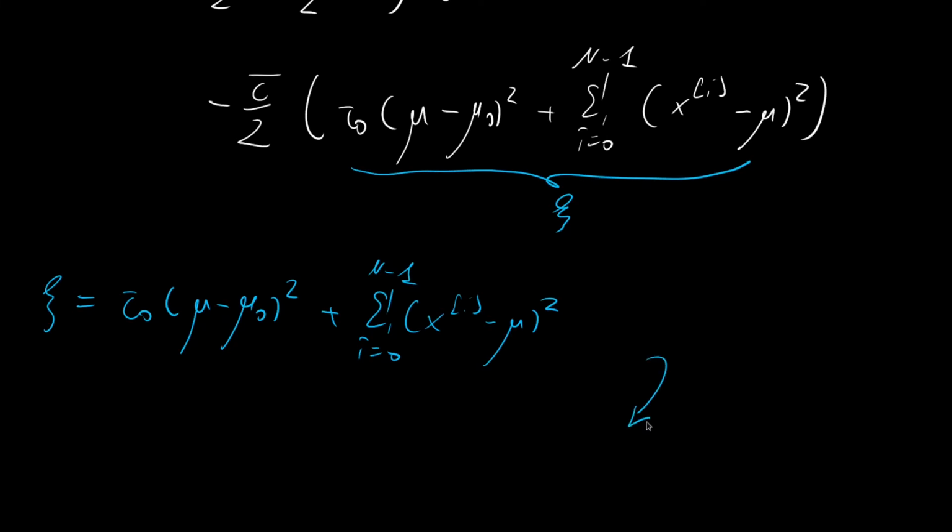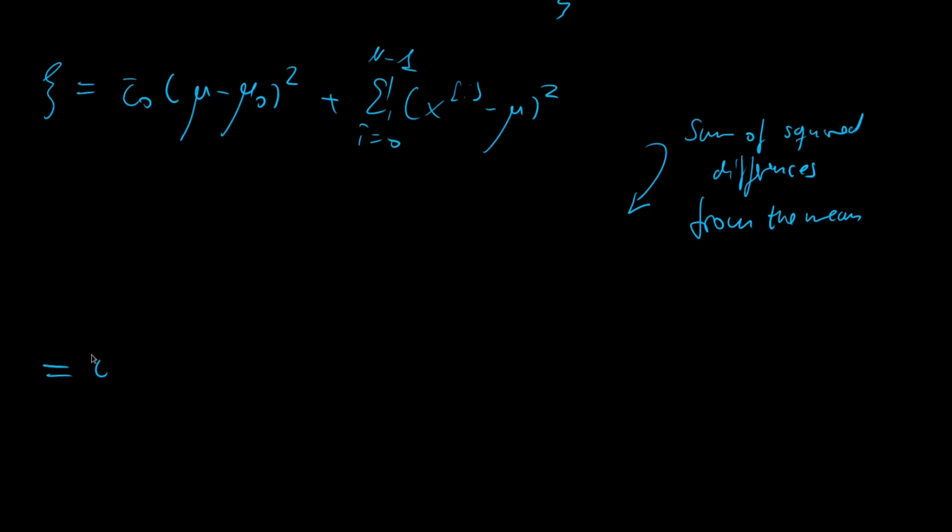Then first let us apply the rule for the sum of squared differences from the mean. So sum of squared differences or distances from the mean. And then we get, first we keep this term here. So this is tau 0 times (mu minus mu 0) in brackets squared.